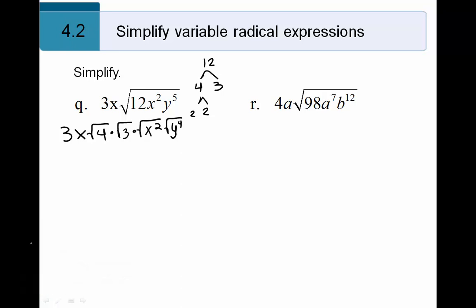So there's my y. Okay, so now I'm ready to take square roots.